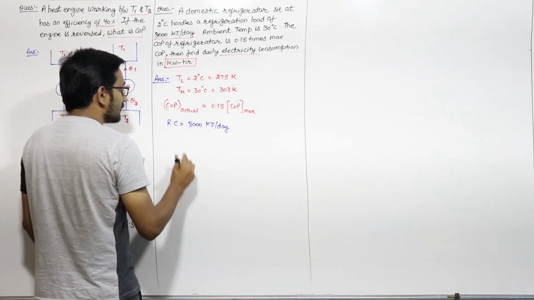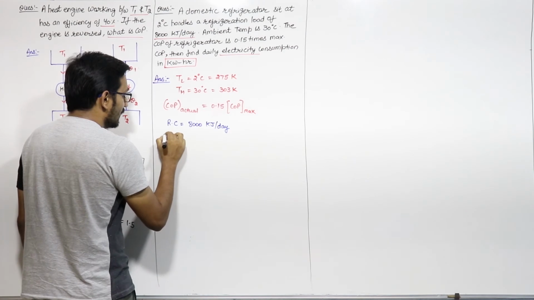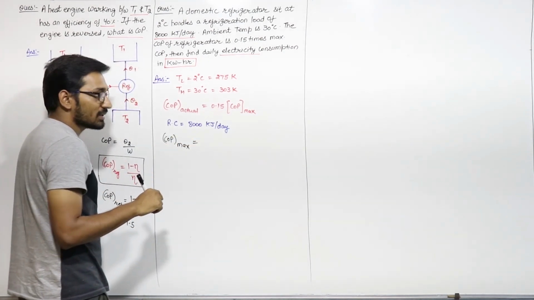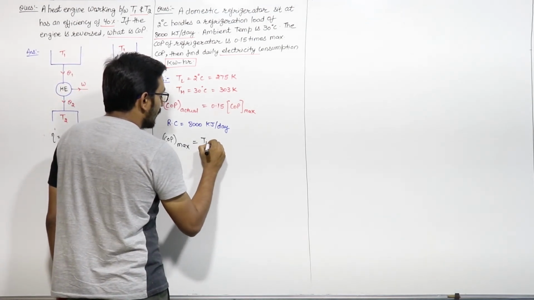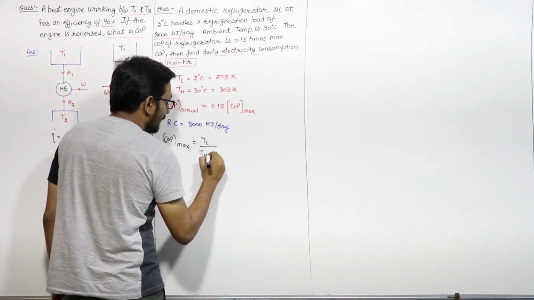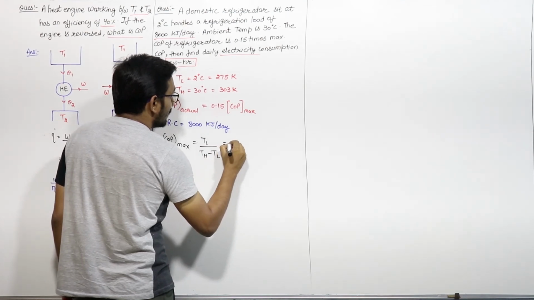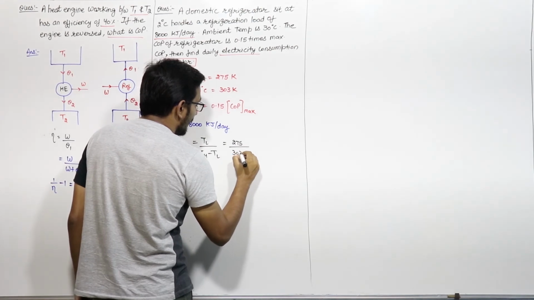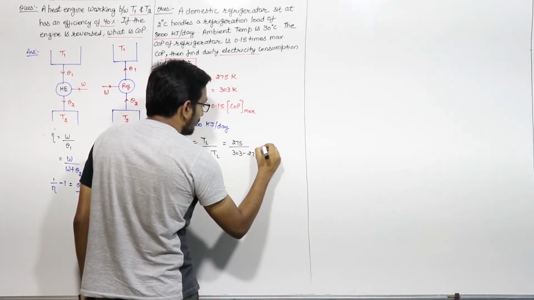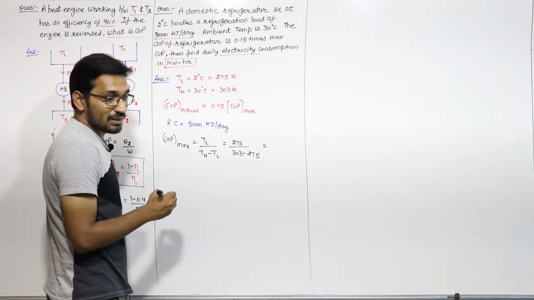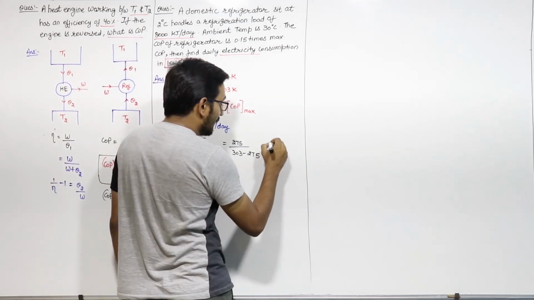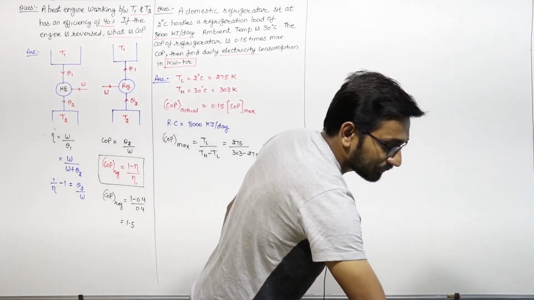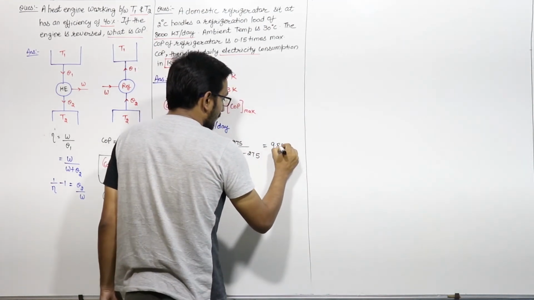So first of all, let us find out the maximum COP. You know that maximum COP is the COP of the reversed Carnot cycle, which is equal to lower temperature upon higher temperature minus lower temperature. This will be equal to 275 upon (303 minus 275). So this maximum COP will come out to be 9.82.